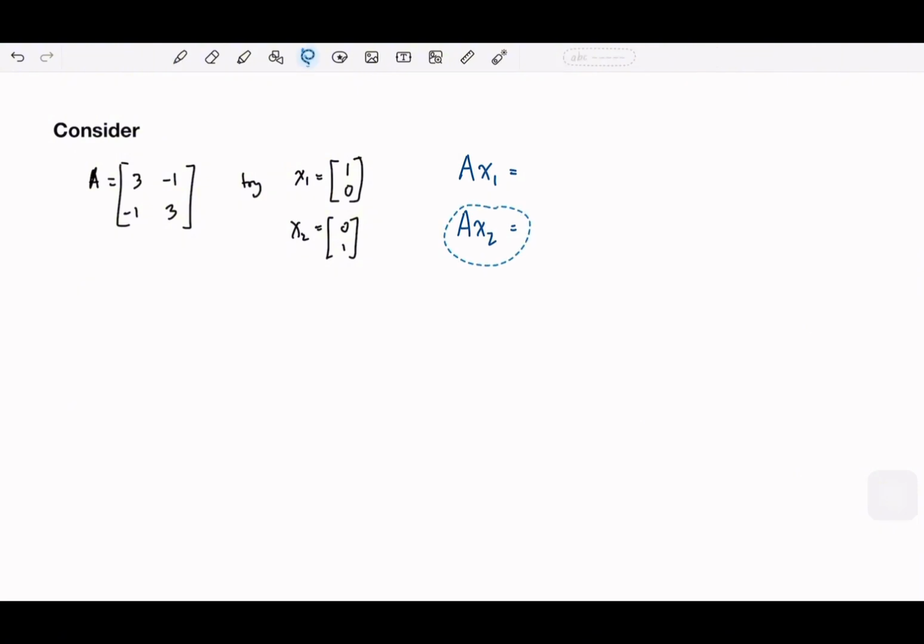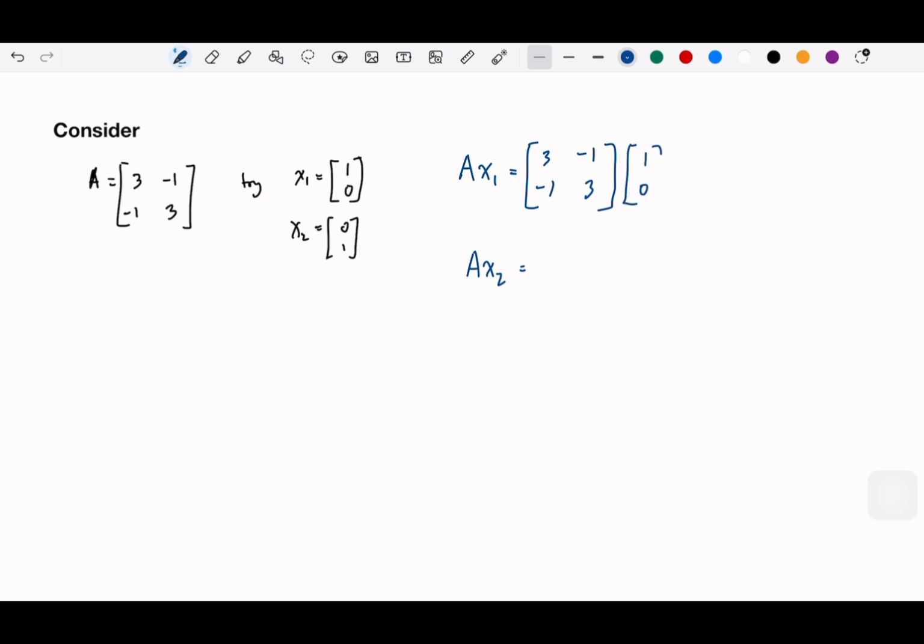So this is going to be [3, -1; -1, 3] multiplied with x1, which is [1, 0]. If we multiply, this will be 3 for the top, and for the bottom it will be -1.